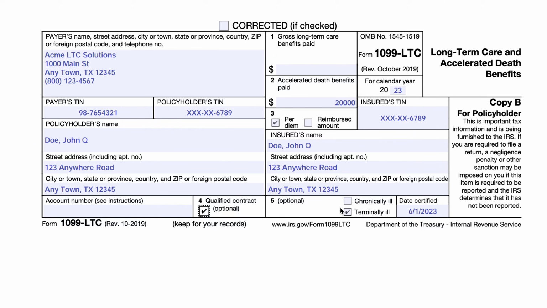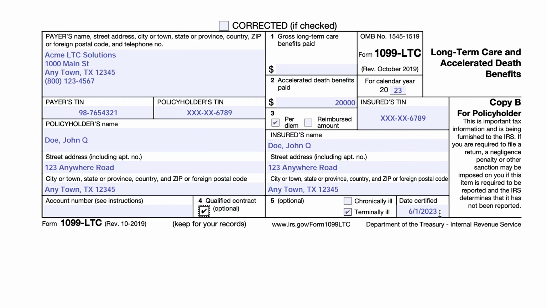Box 5 is an optional field as well. This is where they would check whether the person is chronically ill or terminally ill, and then it would have the most recent date of certification. So in this situation, Acme Care Solutions listed John Doe as a terminally ill person as of 6/1/2023.